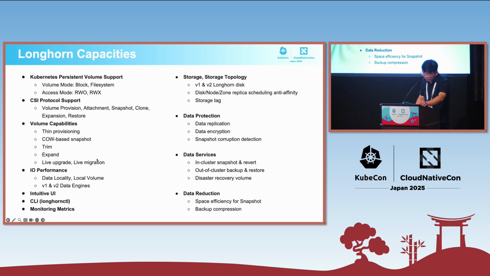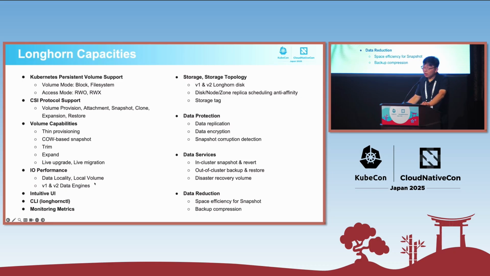For I/O performance, if you have a workload, you can schedule the replica close to the workload to reduce the networking overhead, so you can reduce latency and improve I/O performance. We also have a local volume to speed up performance, and later you will see the benchmark result.